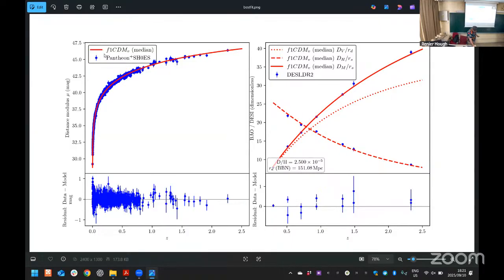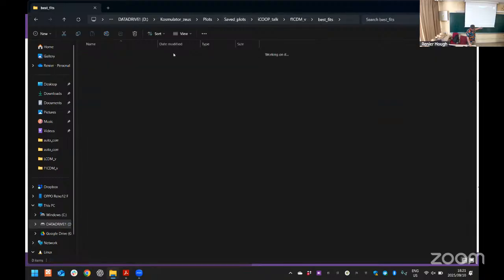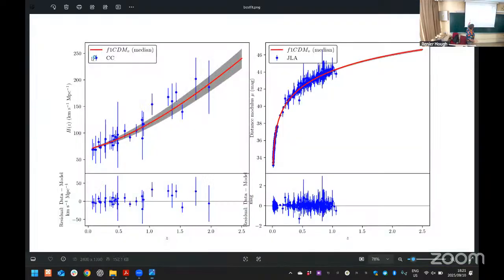And same for here: if I were to use JLA and Pantheon Plus, it would recognize both are supernovae and combine them into one. Then you can see how it fits both of them at the same time, and this automatically gets created for you.